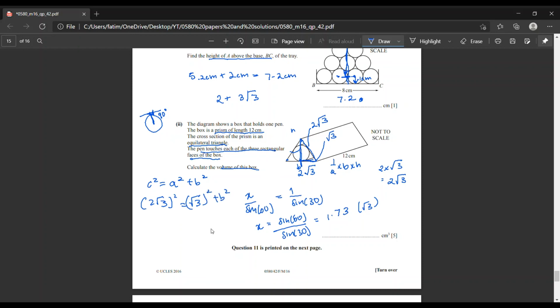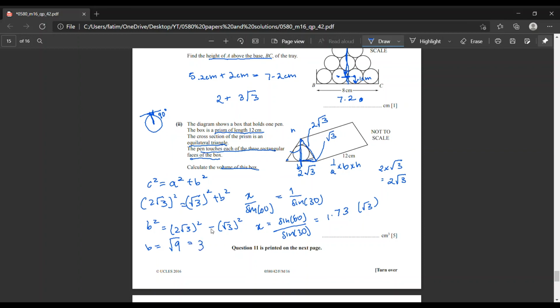Now B square is going to be 2 root 3 square minus root 3 square. So B is going to be on your calculator, it's going to end up as root 9. Now root 9 is 3. So we have that sorted out.